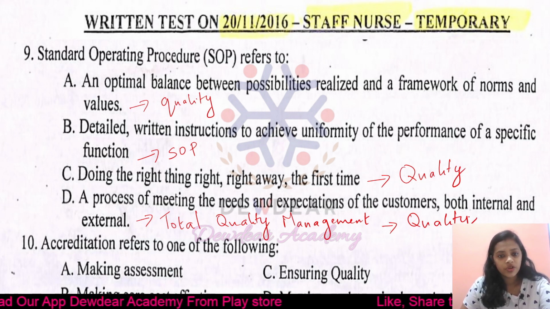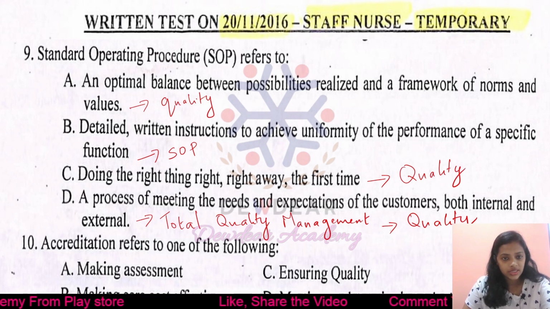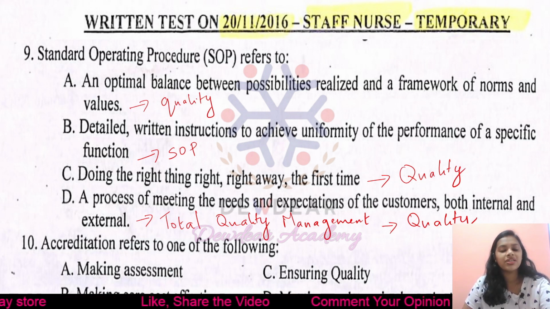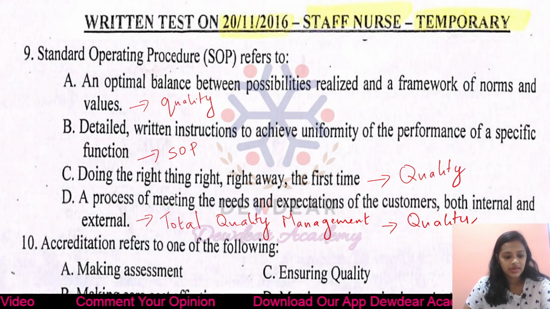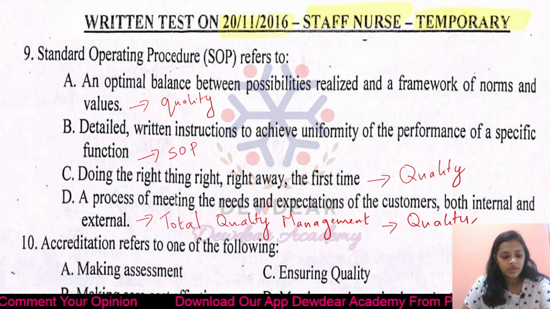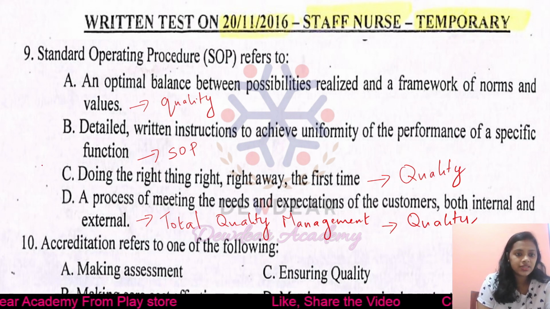This is the definition of quality according to total quality management. So from this it is clear that the standard operating procedure refers to option B, which is the correct answer.